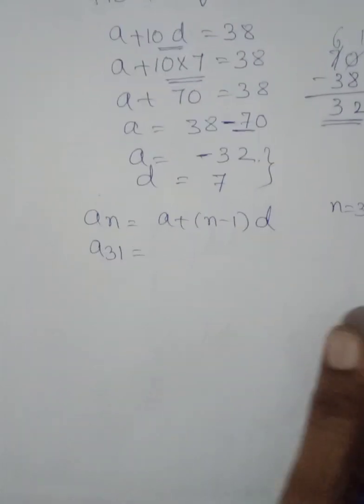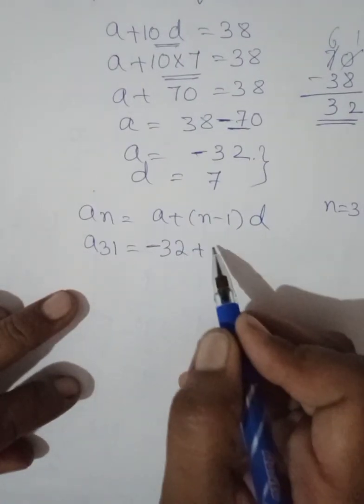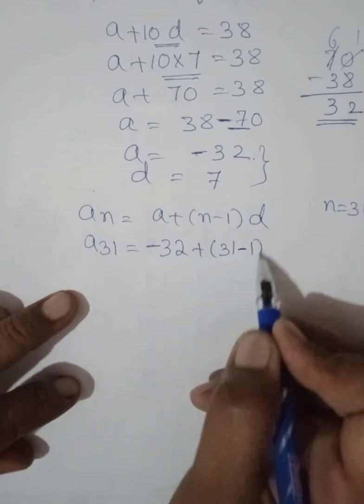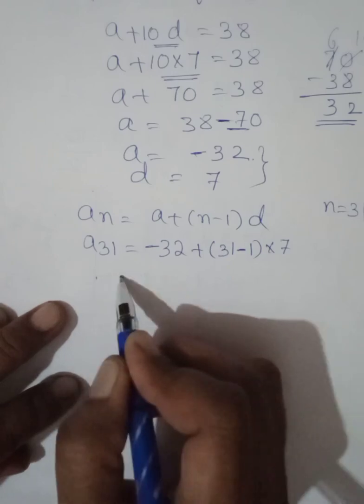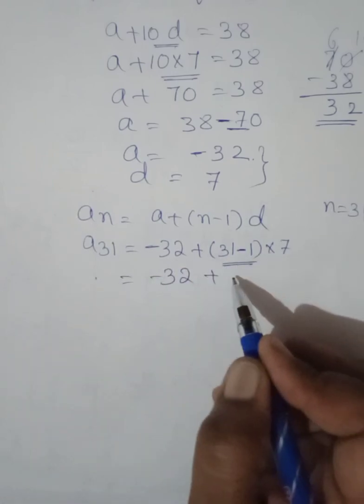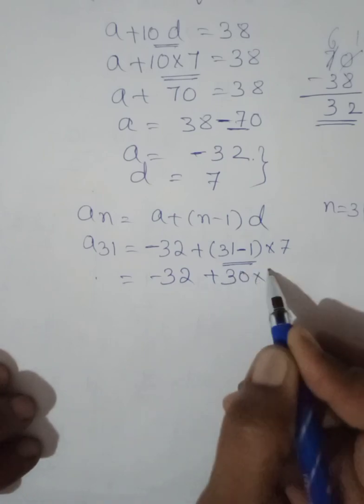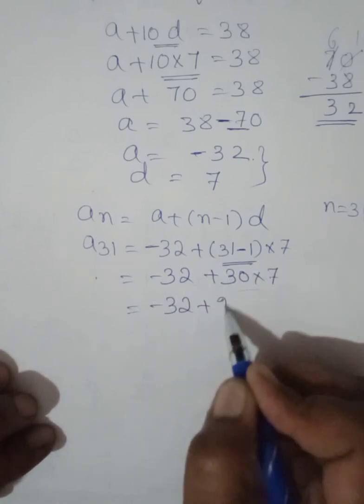Now what you are doing here, a you are writing as minus 32 plus n is 31 minus 1 and the difference is 7. Then a 31st is minus 32 plus 31 minus 1 is 30 into 7.